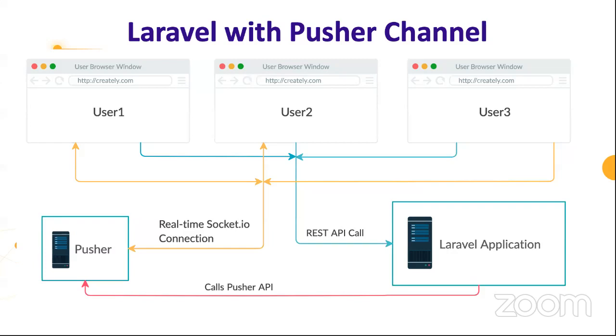So whenever any of your users says something to the Laravel application, it will tell Pusher, and Pusher will send the update to all the users, or to the user you want to send it to. So it is just simple. PHP itself cannot manage a real-time connection, right? So it will tell something to Pusher and Pusher will tell something to all of our users. So this is with Pusher.